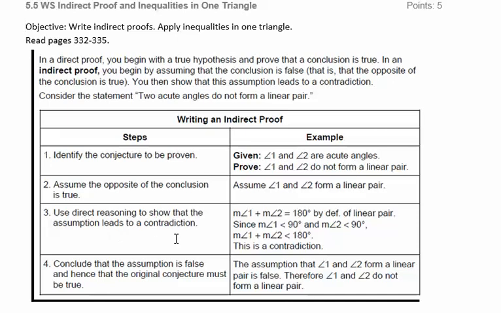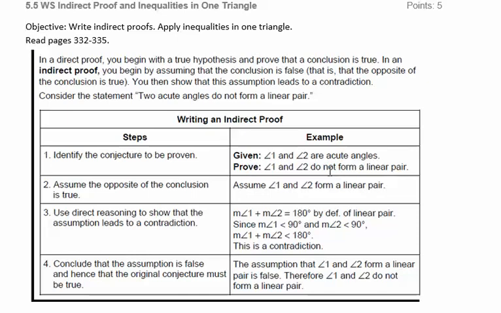Now we use direct reasoning, proofs, theorems, postulates, etc., to show that the assumption leads to a contradiction. We know the definition of a linear pair is that the measures of the two angles add up to 180.